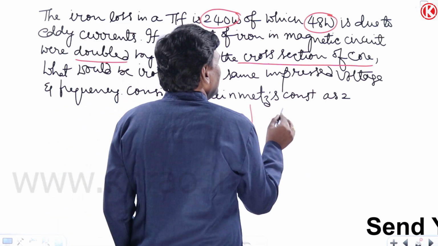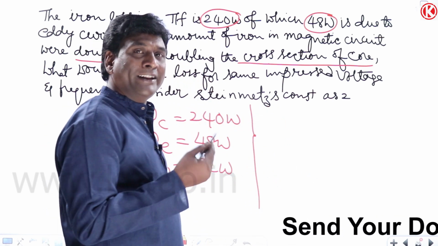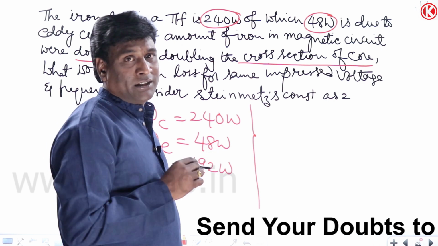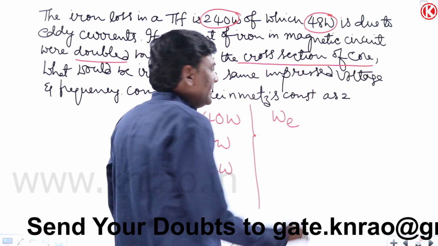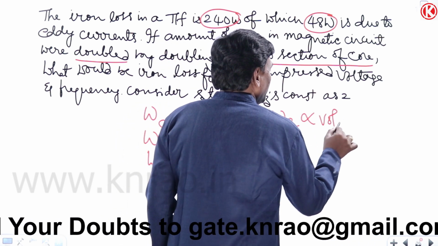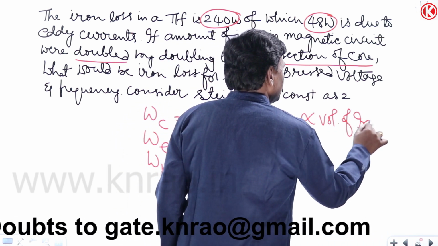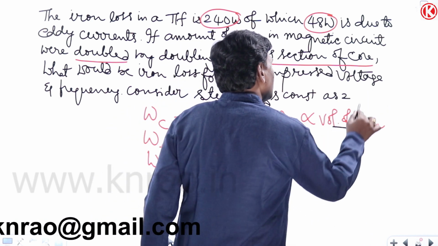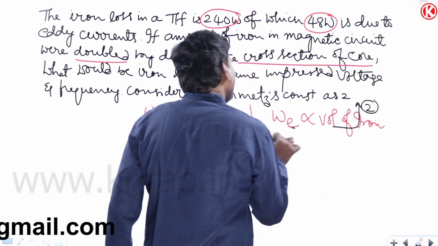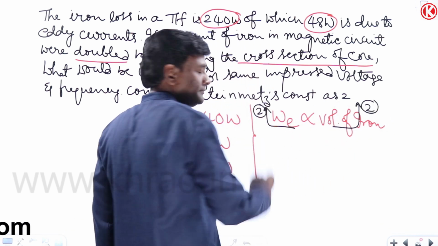Any loss is directly proportional to volume of iron. Now let us think of eddy current loss. Eddy current loss is directly proportional to volume of iron. Volume of iron is increased by 2 times, so eddy current loss should be increased by 2 times.